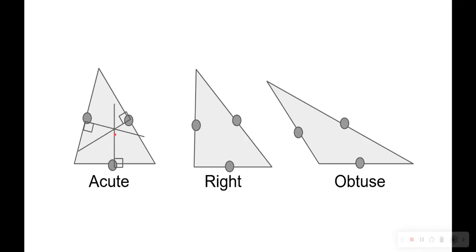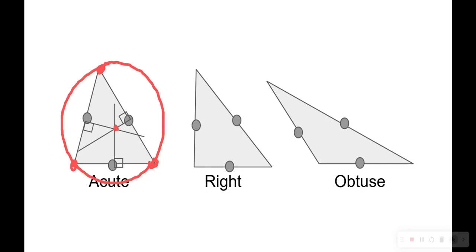And the reason it's called the circumcenter is because I can draw a circle. Well, maybe I can draw a circle. I'm drawing this by hand. And as I draw this circle, the vertices, the angles of my triangle, are all going to be on the circle.